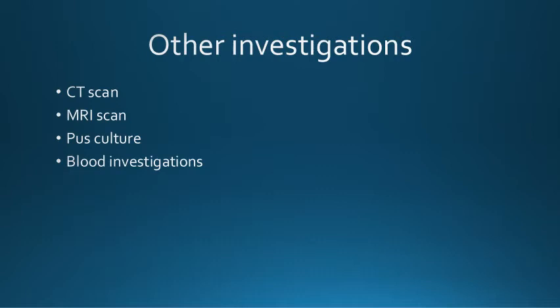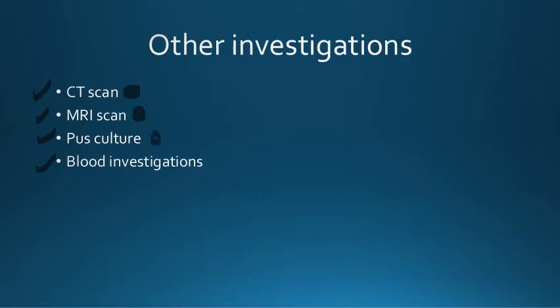Other investigations that can be done are a CT scan or an MRI scan or a pus culture and a blood investigation. CT scan will be helpful to see the exact level of the sequestrum or the bone damage that has been happening. MRI scan is usually used to delineate the level of the involvement of the bone or the bone marrow and the soft tissue condition around the osteomyelitis.